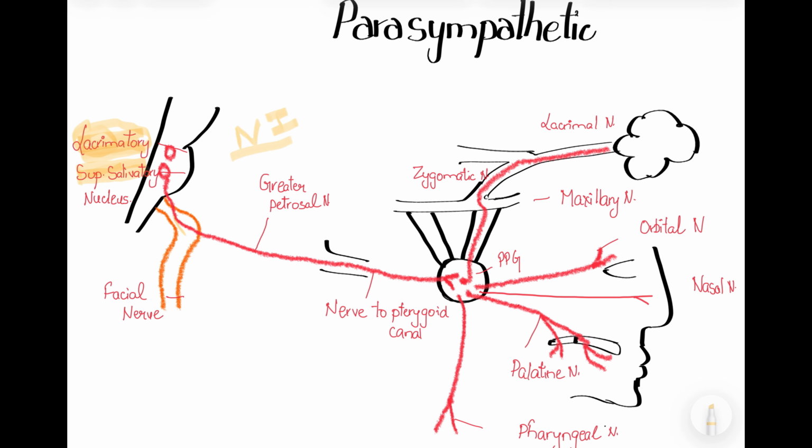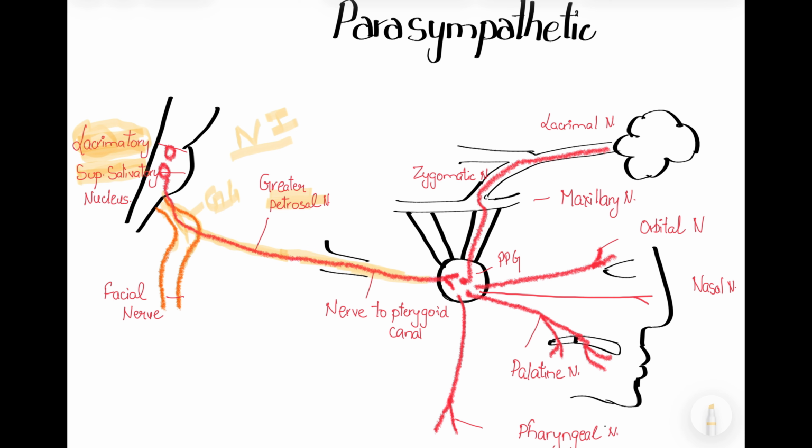Through this nerve they come down and pass through the bend of the facial nerve called the geniculate ganglion. Later they enter another branch of the facial nerve, the greater petrosal nerve. After connecting with the deep petrosal nerve, this forms the nerve to the pterygoid canal.